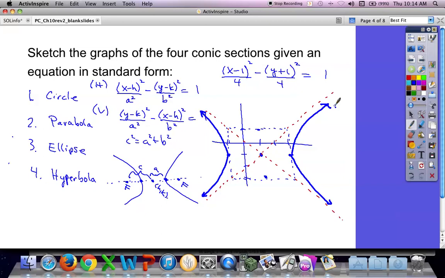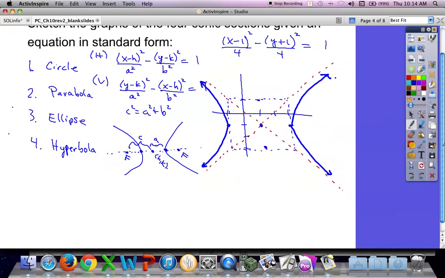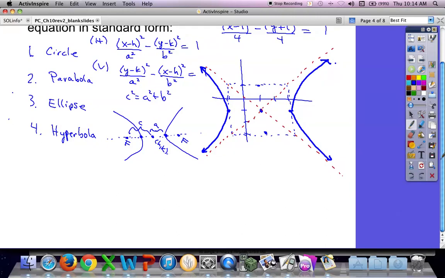Okay, and then lastly, we need to know the equations for those asymptotes. And we have a formula for that. Right? y equals k plus or minus a slope times (x minus h).